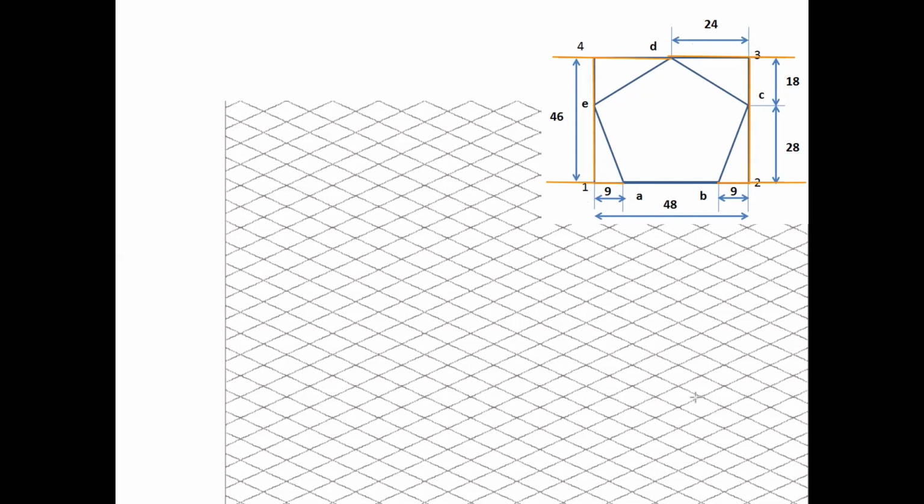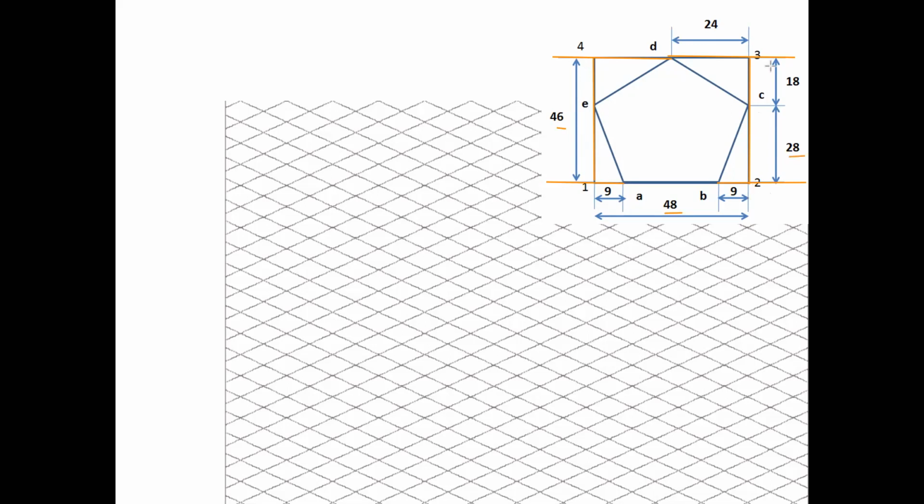Okay, and we need to measure the distance from all the points. So 1 to A, the distance is 9. So B to 2, the distance is 9, and the vertical height distance is 46. The horizontal distance is 48. Next, from point 2 to point C, the distance is 28.